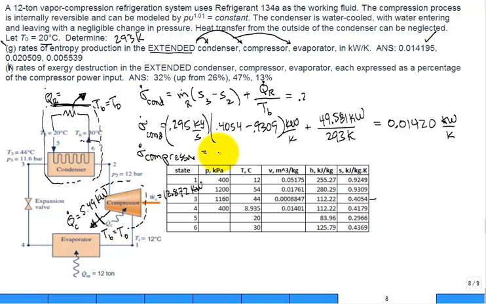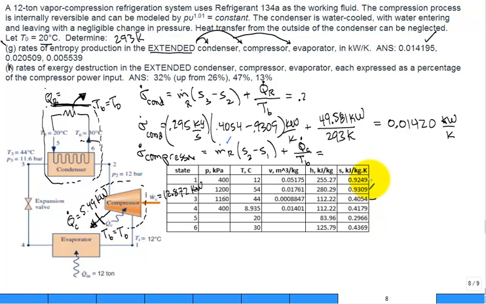All right, let's write our second law, sigma dot, for the compressor. We have the mass flow rate of the refrigerant times S2 minus S1 plus Q dot leaving the compressor divided by the temperature, the boundary of the compressor. Okay, I'm running out of room. So the mass flow rate of the refrigerant, we did that, 0.295. The S2 is right here.